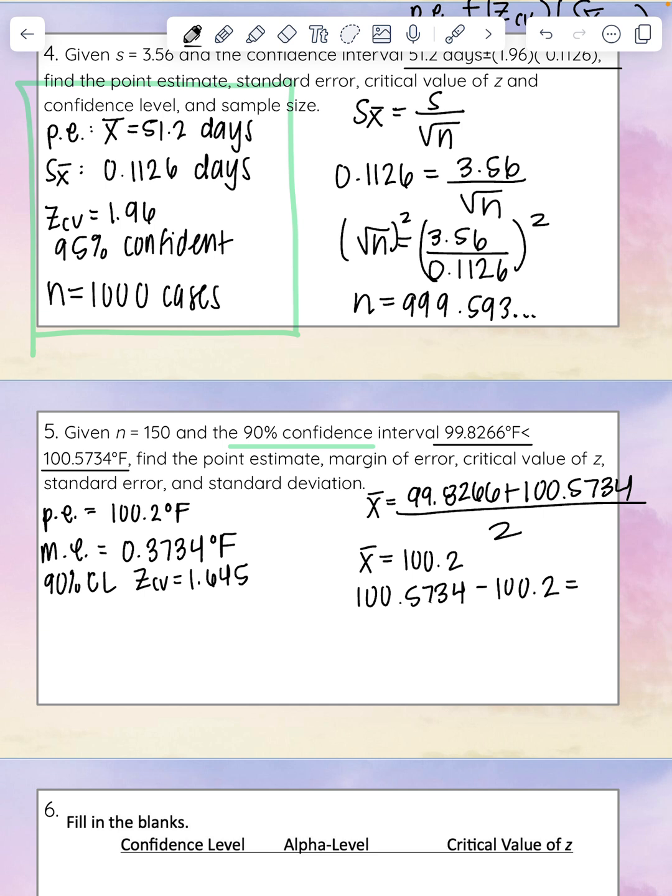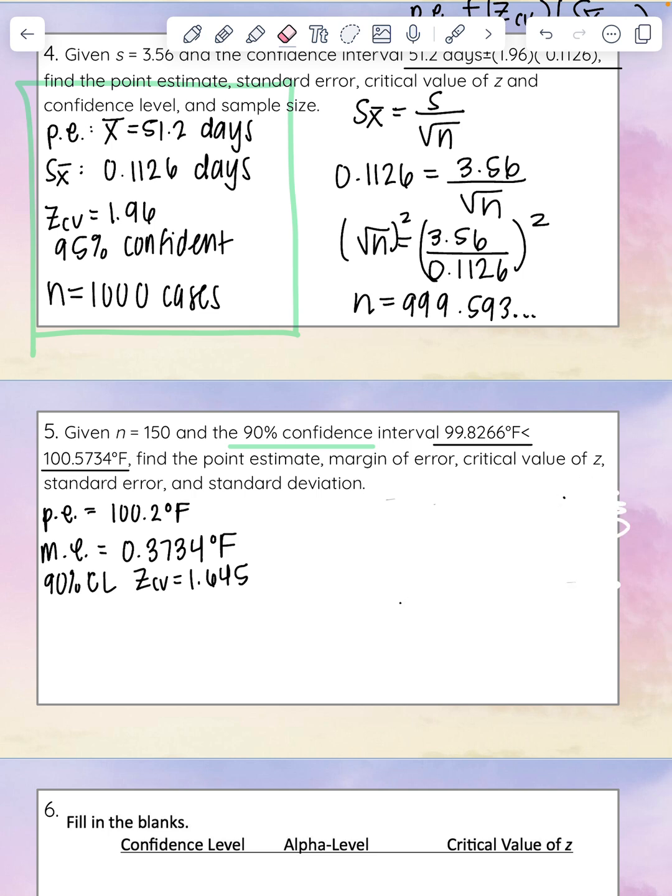Standard error. Okay, so you can find standard error here. Since we have the margin of error, we're going to use the fact that the margin of error is the critical value of Z times standard error.